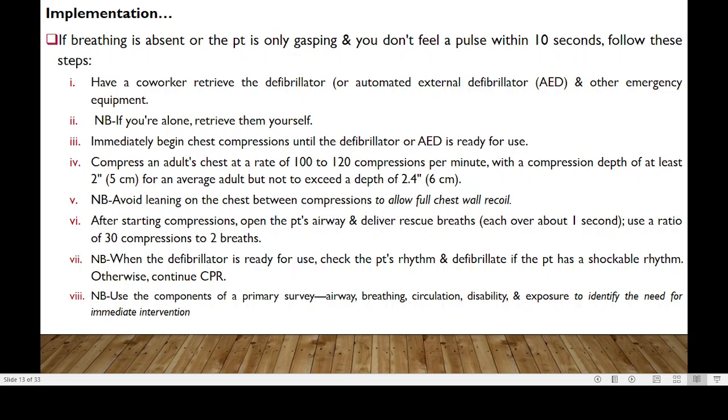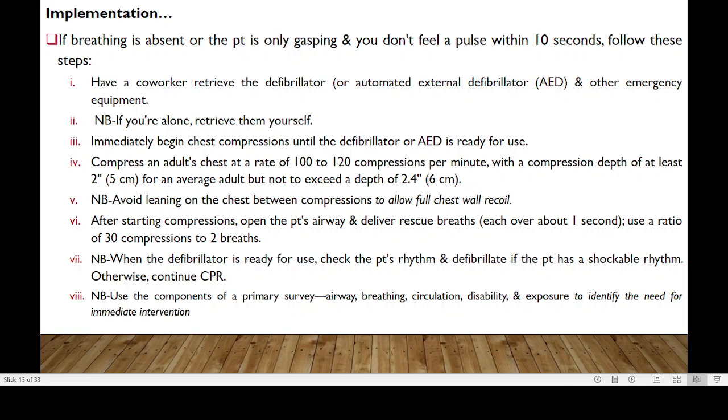After starting the chest compressions, you have to open the patient's airway and deliver rescue breaths. Each rescue breath should be delivered over 1 second, using a ratio of 30 compressions to 2 rescue breaths. When the defibrillator is ready to use, you have to check the patient's rhythm so that you defibrillate if the patient has a shockable rhythm. Otherwise, you continue with cardiopulmonary resuscitation.